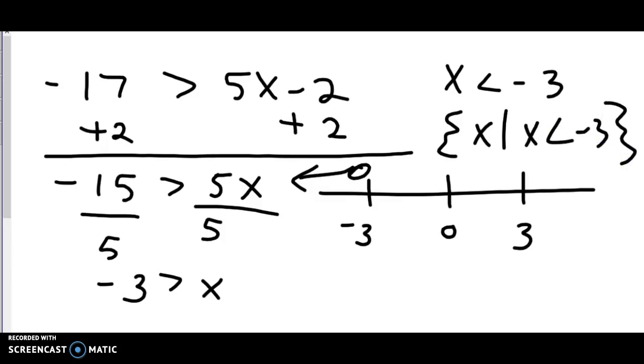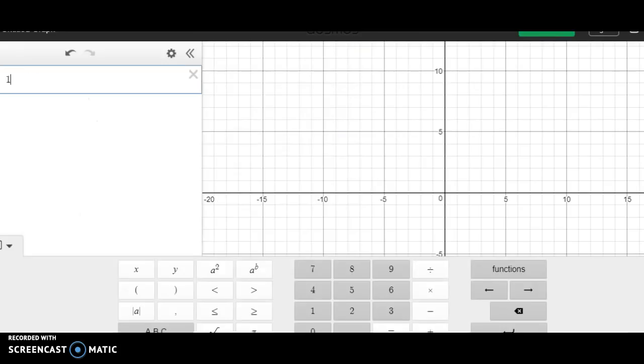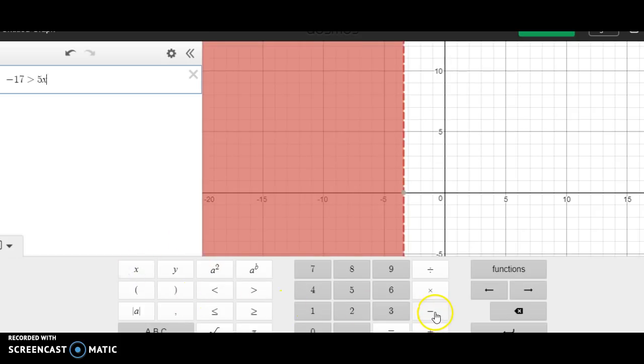And then our graph goes to negative infinity first, and then it stops at negative 3, and it's an open circle. Let's go back to Desmos and put that in. So we're going to say negative 17 is greater than 5x minus 2.